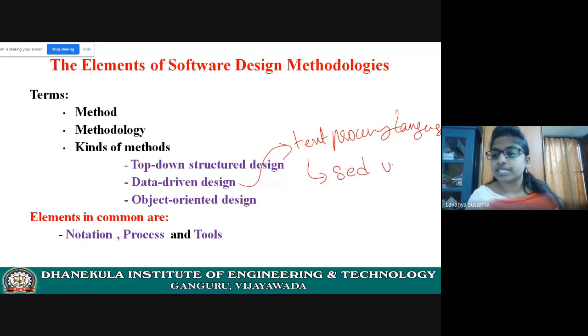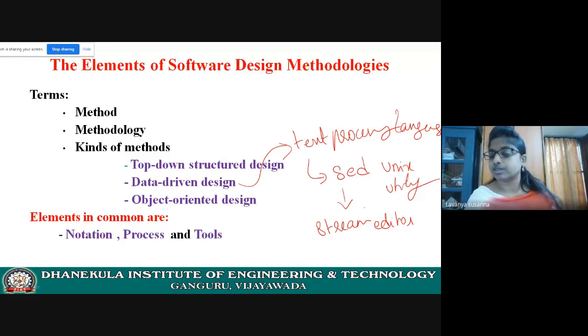SED is a Unix utility; SED is nothing but stream editor. The languages that follow data-driven design are text processing languages like SED.